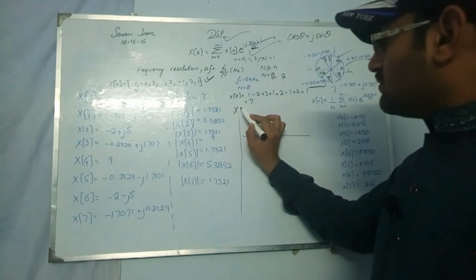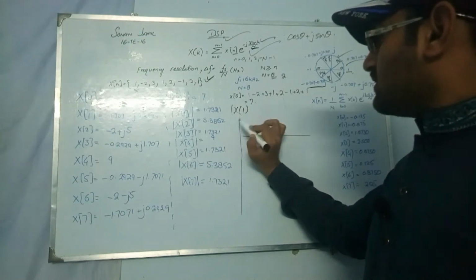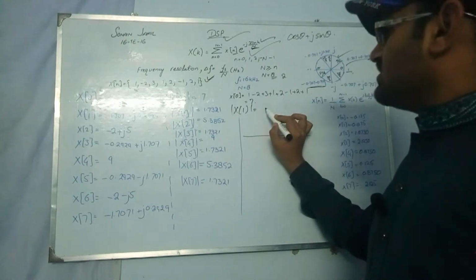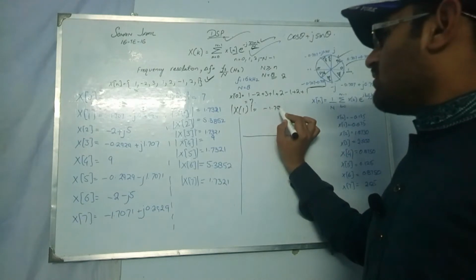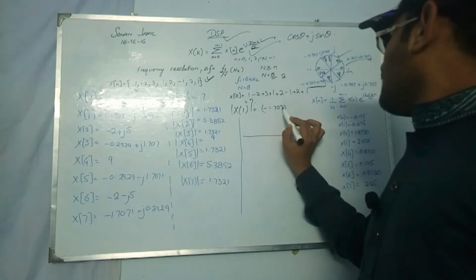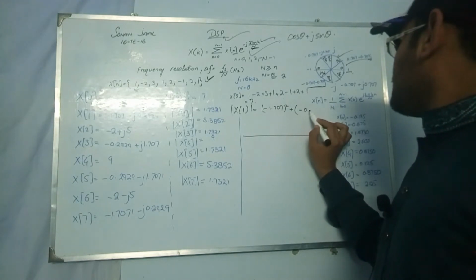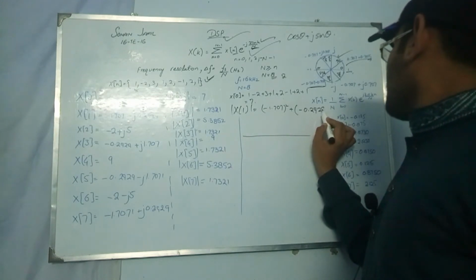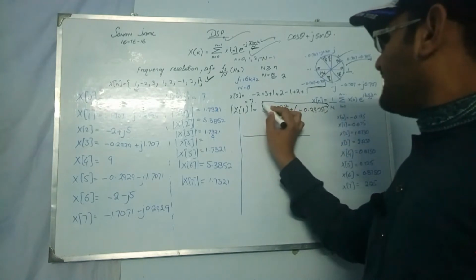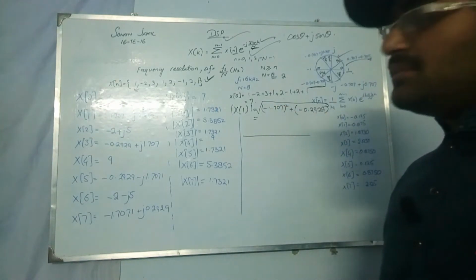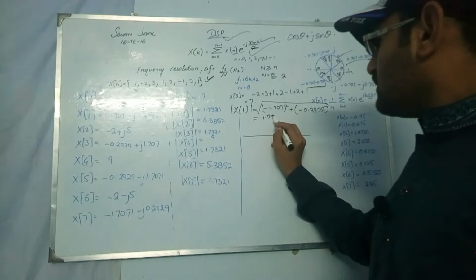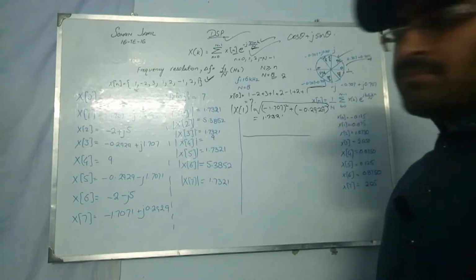If I want to calculate the magnitude of X of 1, just take the square of the real part plus the square of the imaginary part, add both and take the square root. What will be the answer? 1.7321.